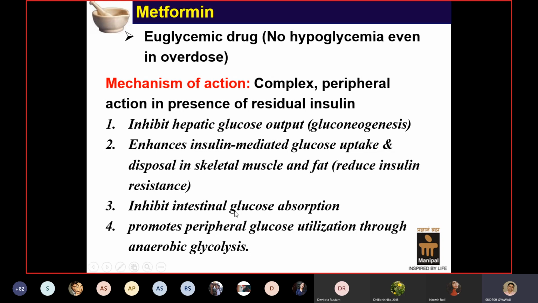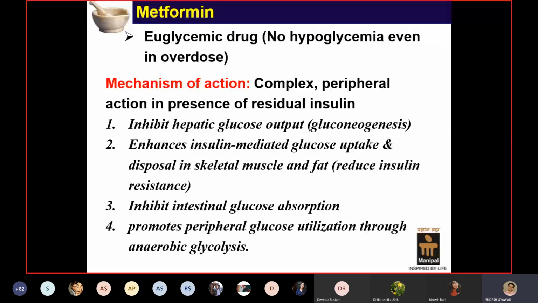It inhibits intestinal glucose absorption. So glucose which is absorbed from the intestine is also inhibited, and it promotes peripheral glucose utilization through anaerobic glycolysis. Okay, so these are the important mechanisms of how metformin acts, and metformin doesn't increase insulin secretion.